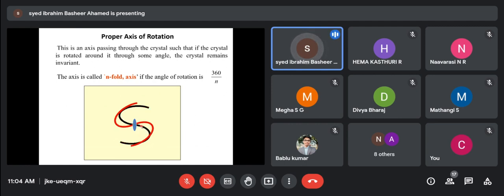Initially I have a molecule here, so I am rotating this to get a symmetrical one. I have to rotate 180 degrees. Here you can see this is an oval kind of shape. This oval shape indicates 2-fold rotation, 180 degrees that I have to rotate.